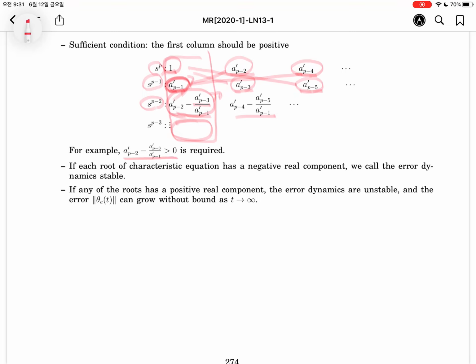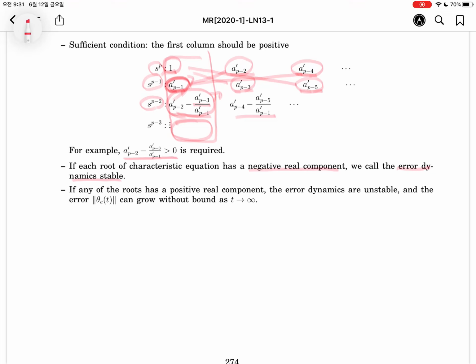This procedure is derived from the laws at the end of 19th. If each root of the characteristic equation has a negative real part, then the error dynamics will be stable, because all the eigenvalues will be negative.